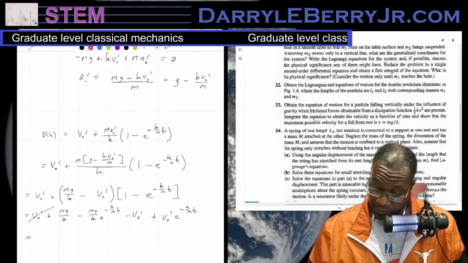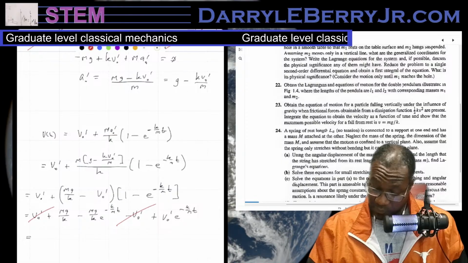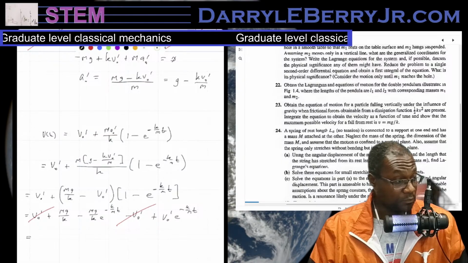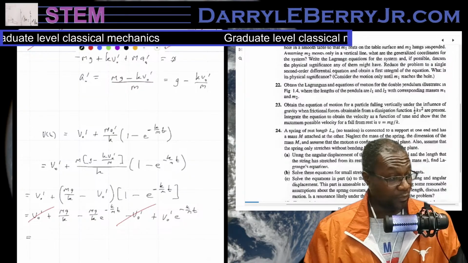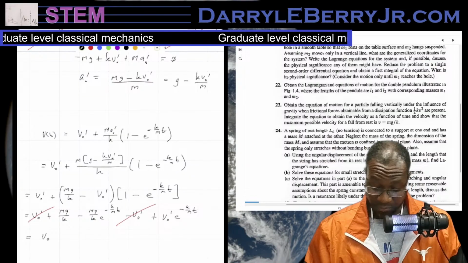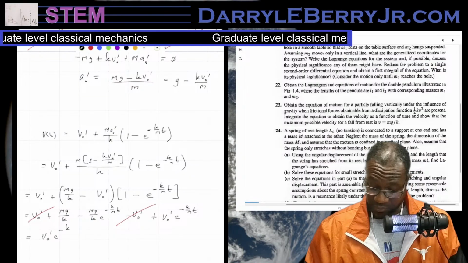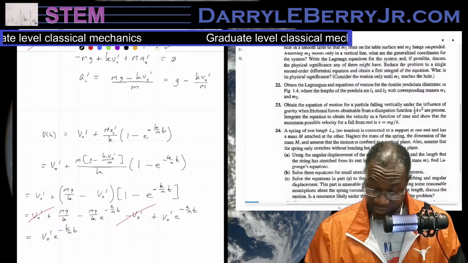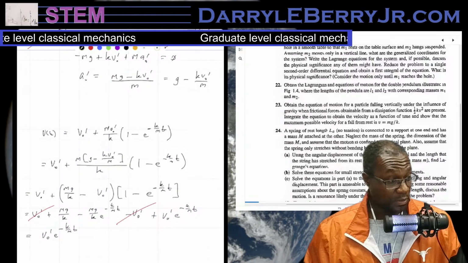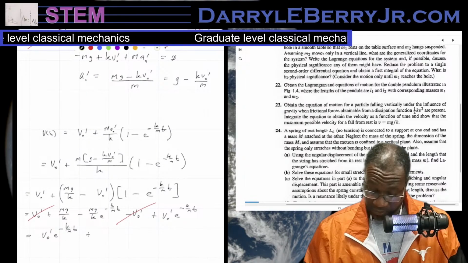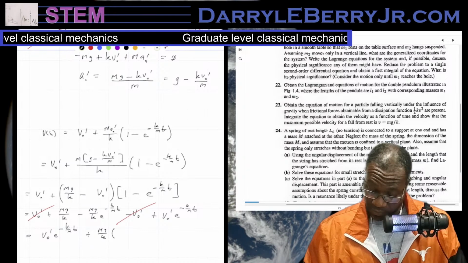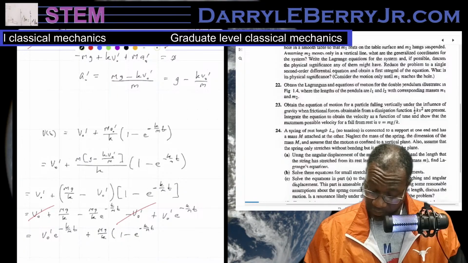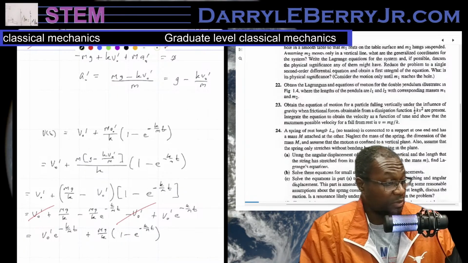So this cancels, and we're left with v naught prime e to the negative k over m t plus mg over k times 1 minus e to the negative k over m t. That seems to be right.